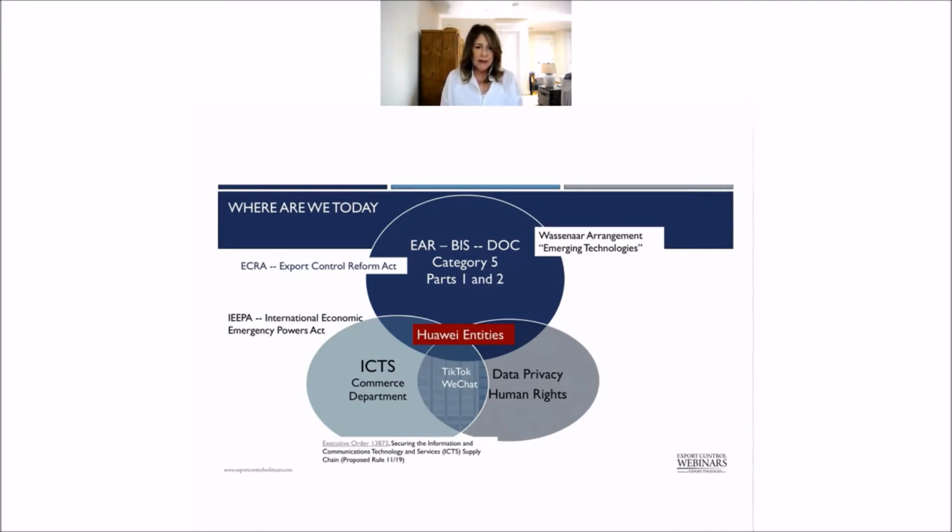Another interest that the US government has is on supply chain and products that come into the US that get implemented in networks that are relied upon by government agencies, by commercial companies, and in some cases, maybe even the US military.